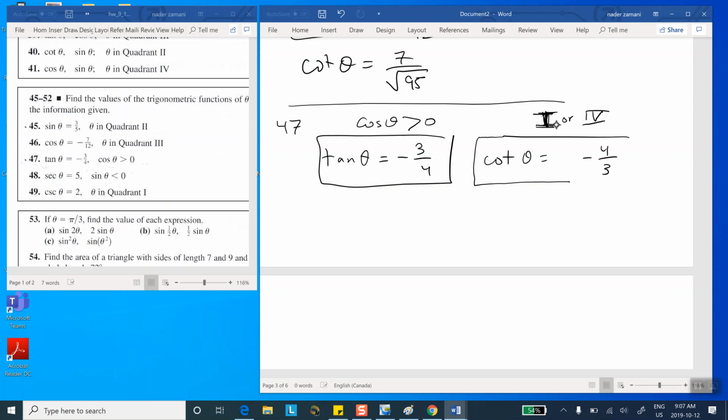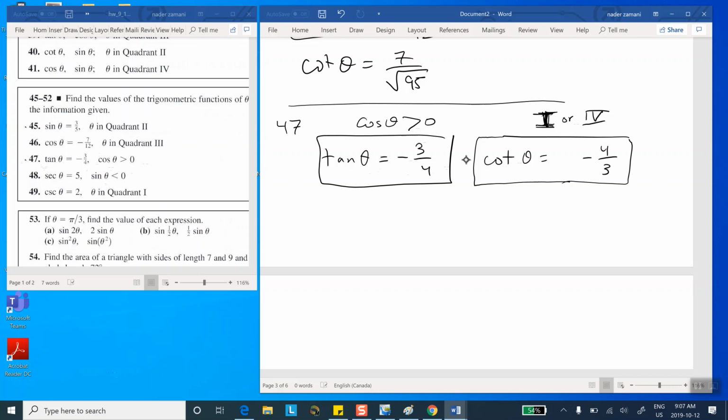Okay, let's just be careful here. Let me see now. This was given to us. Tangent of theta minus 3 over 4 is given. Cotangent is also correct. Okay, there's no issue here. There's nothing that we have to resolve there.